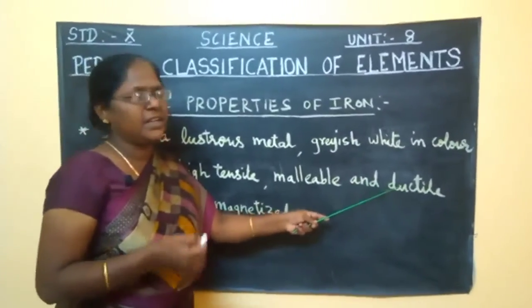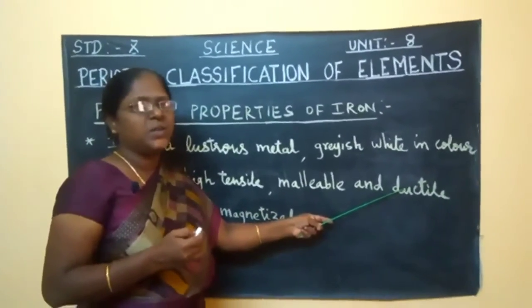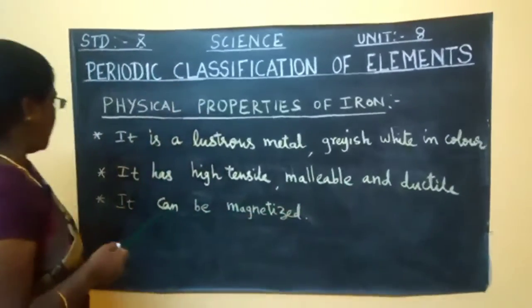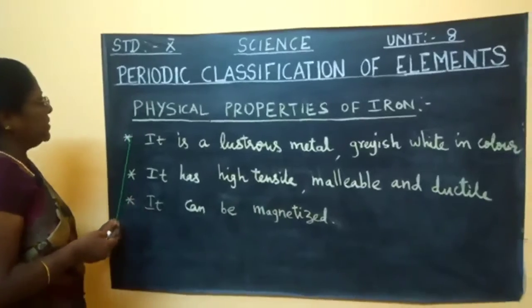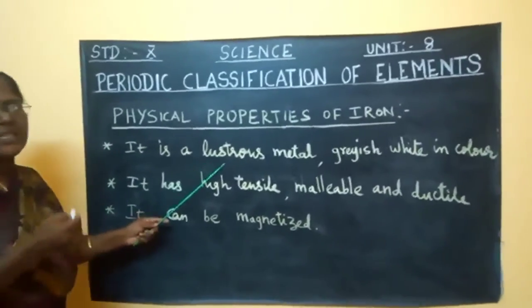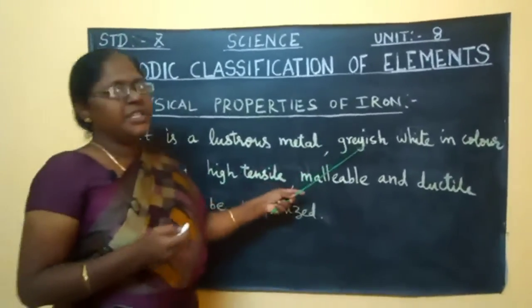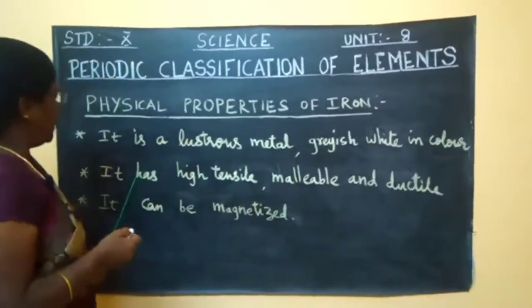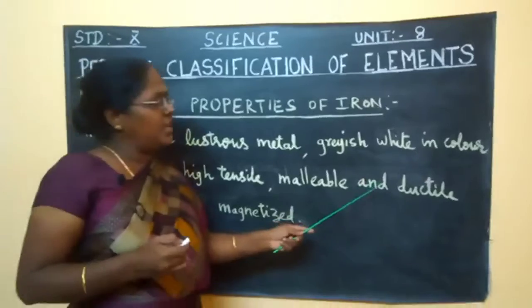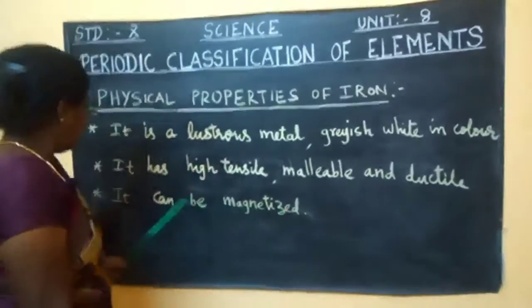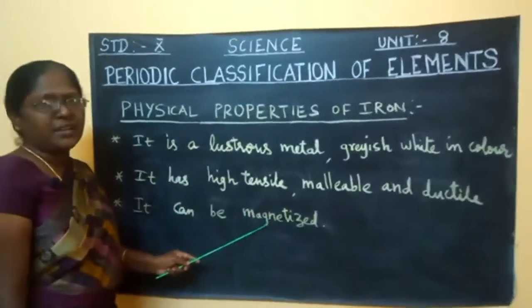And ductile means it can be drawn into thin wires. And it can be magnetized. So the first point is it is a lustrous metal, grayish white in color, and it has high tensile strength, is malleable and ductile, and it can be magnetized.